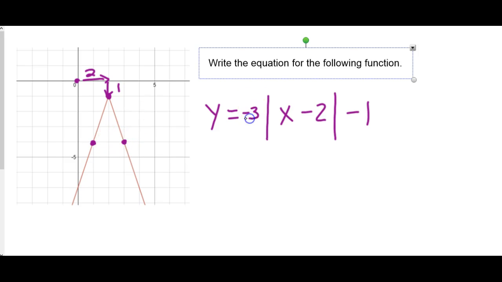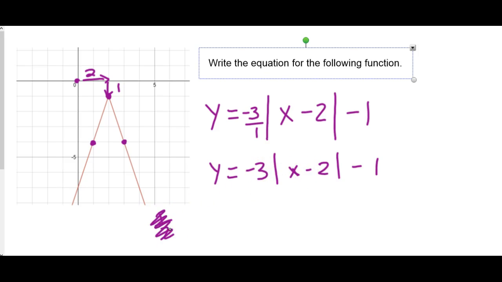So down 3, -3 over 1. But when you divide by 1, -3 divided by 1 is still just -3. So we would only write the -3 because dividing by 1 doesn't affect the number itself. If it's 1 over something, like if it had been 1/2, you must leave the fraction for it to be correct.